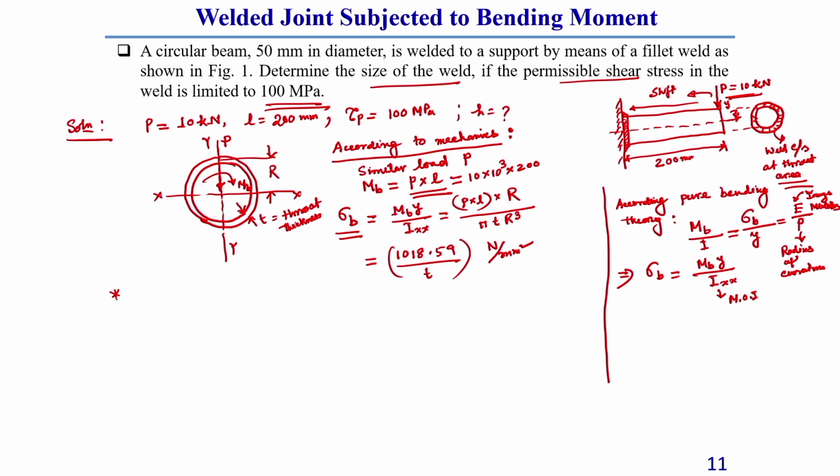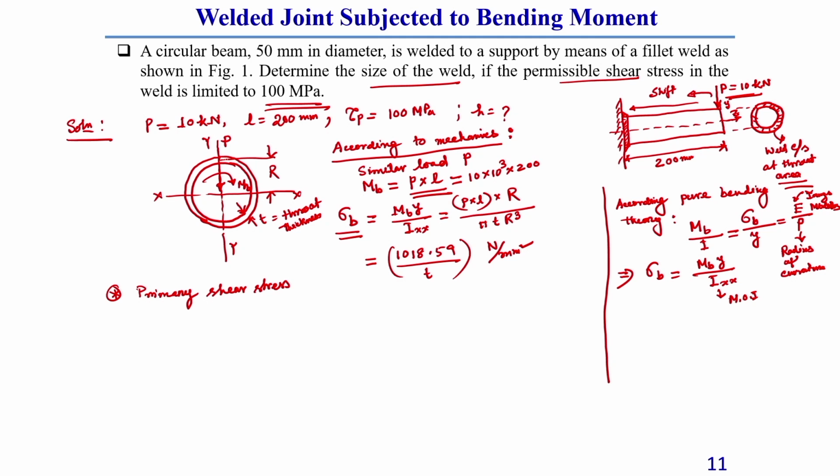So, apart from these things, there is a direct load P. So, there will be a primary shear stress. This primary shear stress will be where?